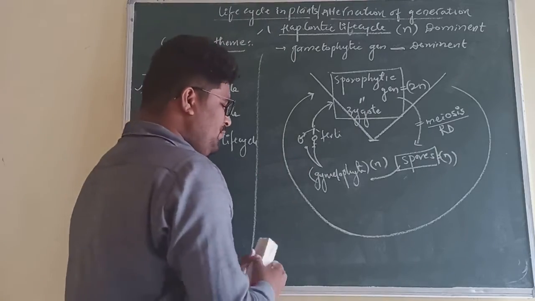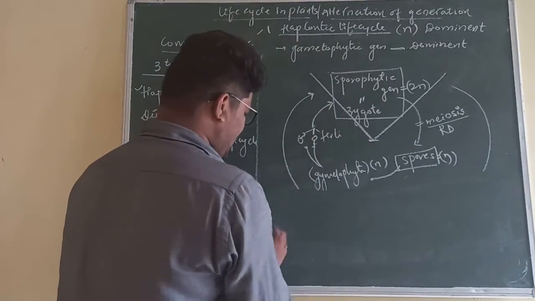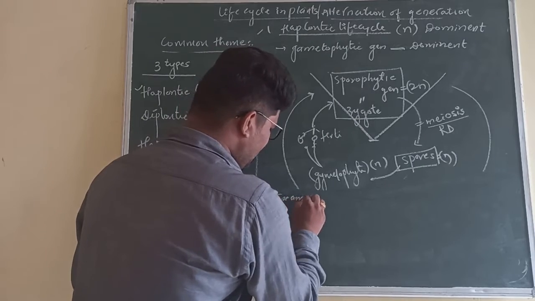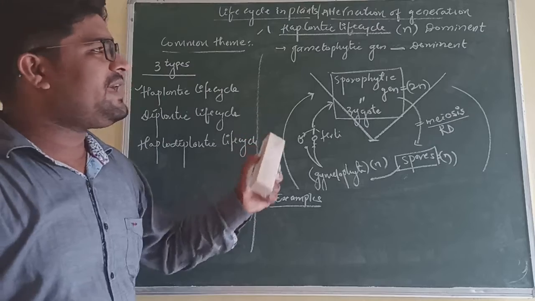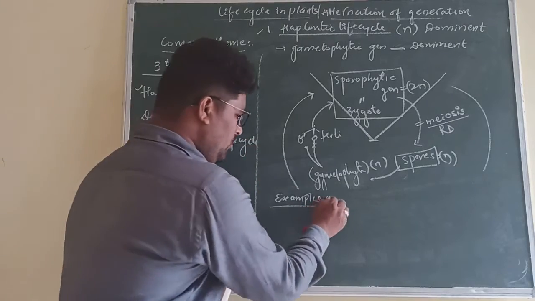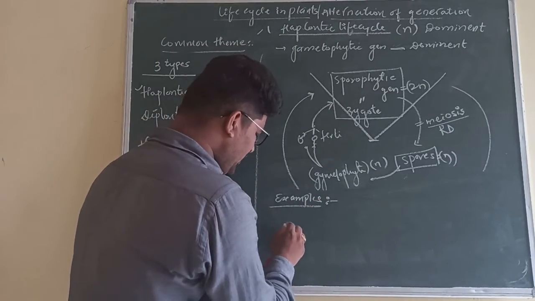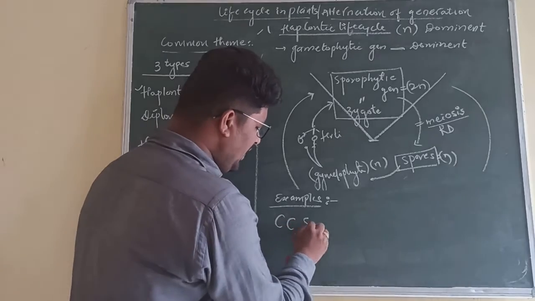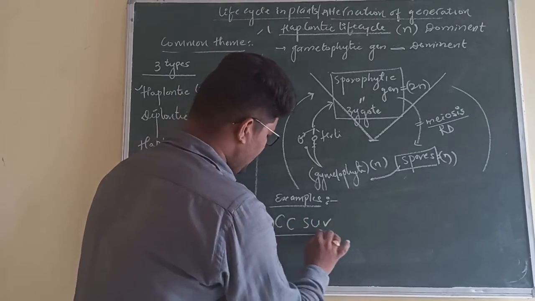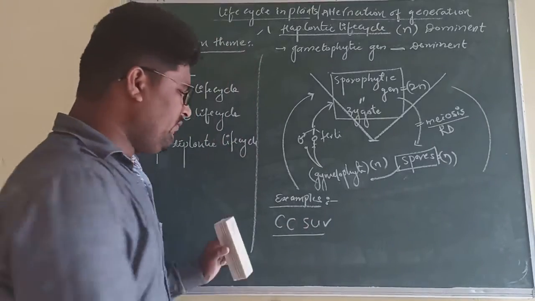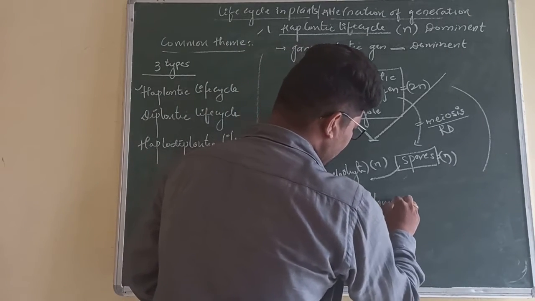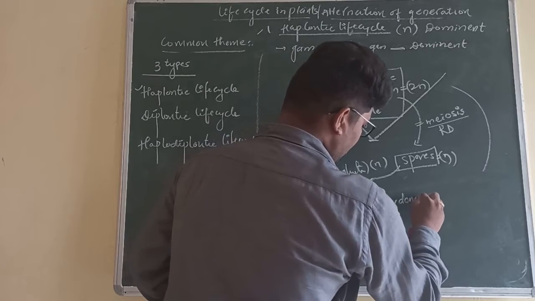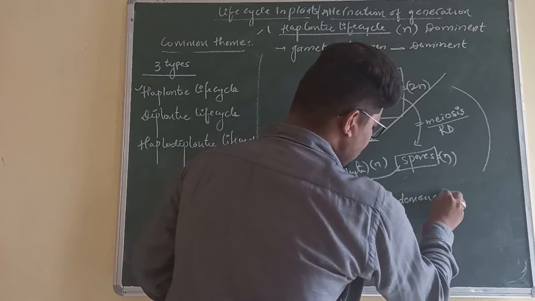What are the examples of this haplontic life cycle? So examples are very important. In this group, the trick is very simple: classica SUV. C means Chlamydomonas.